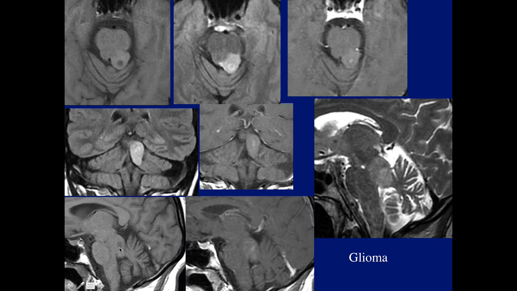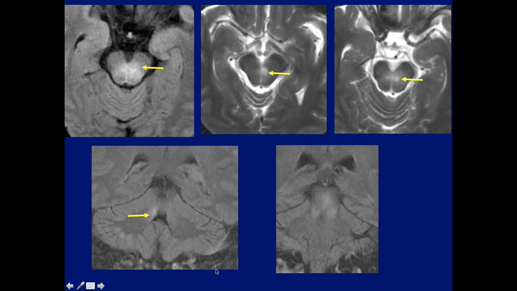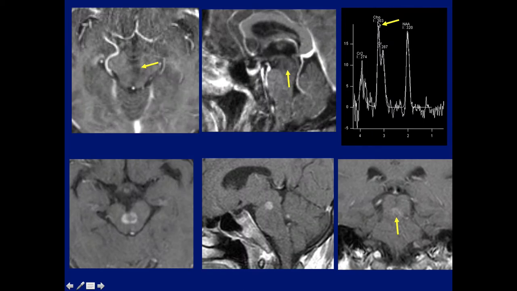And here it is on the FLAIR image. I'm sorry, the post-contrast image. And this is another lesion involving the decussation of the superior cerebellar peduncle and the superior cerebellar peduncle, and it also had a high choline peak and some enhancement at the level of the decussation.